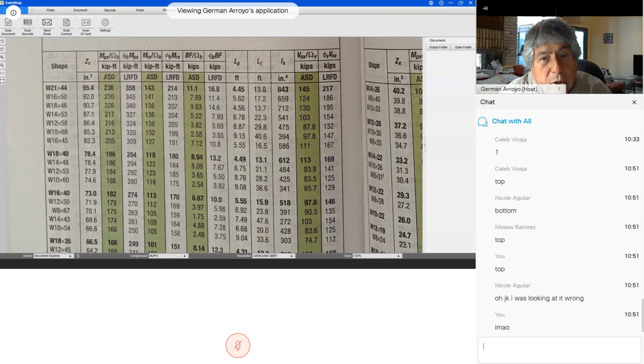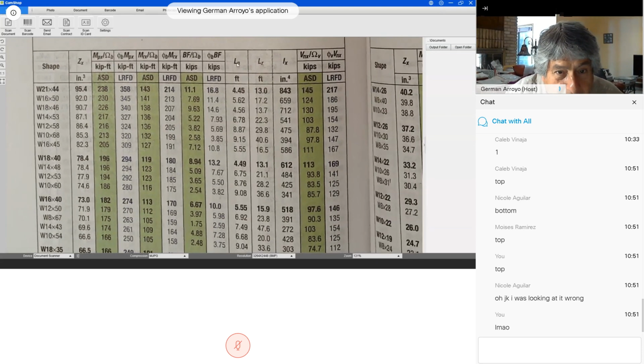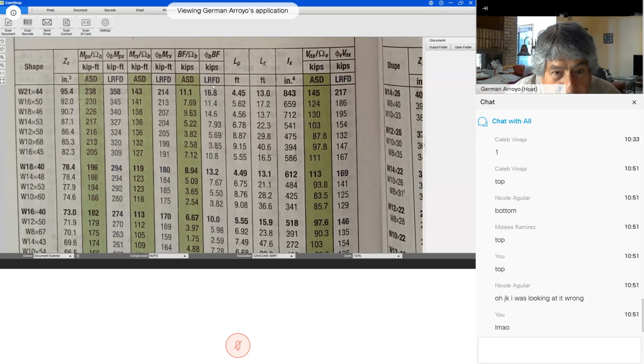This is what we use for the lateral torsional buckling equation. But I told you L sub p is computed in 4.45. So any unbraced length up to 4.45 will develop the plastic moment.